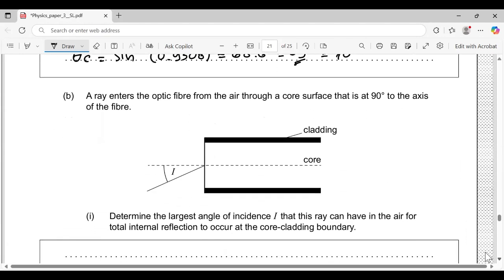A ray enters the optic fiber from the air through a core surface that is at 90 degrees to the axis of the fiber. So actually, this is the fiber inside the cylinder. Determine the largest angle of incidence I that this ray can have in the air for total internal reflection to occur at the core-cladding boundary.